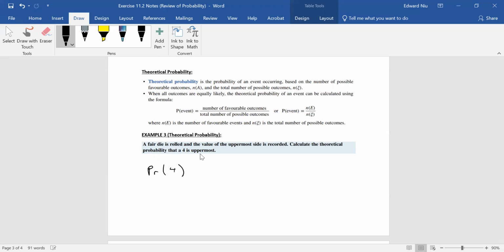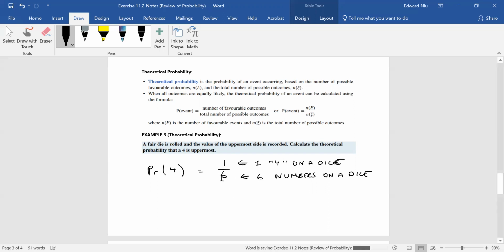So the probability of a 4 is 1 on 6, because there's only one 4 on a dice and there are 6 numbers on a dice. So total possible outcomes is 6. If we want a 4, there's only one 4 on a dice, so that's why it's 1.